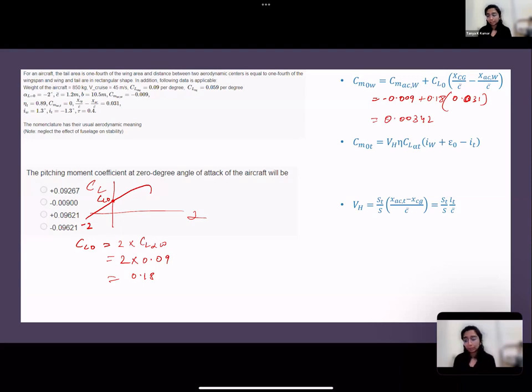What is ST upon S? Yes, 1 by 4. And X bar AC tail minus X bar CG upon C bar.